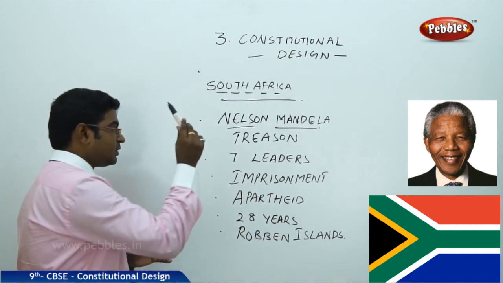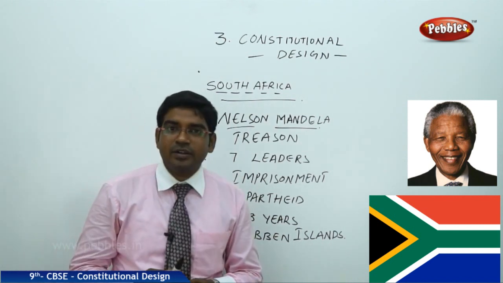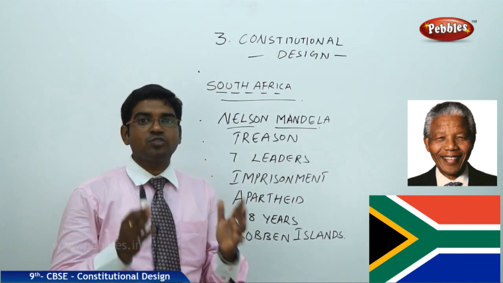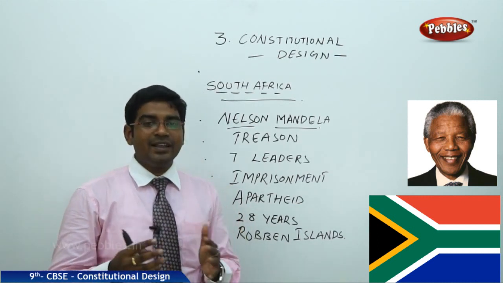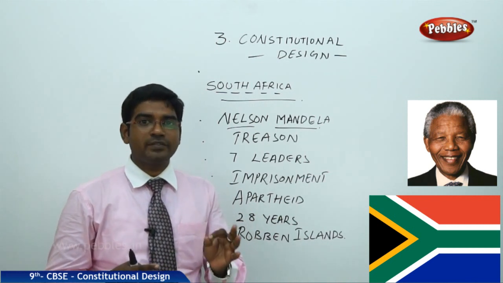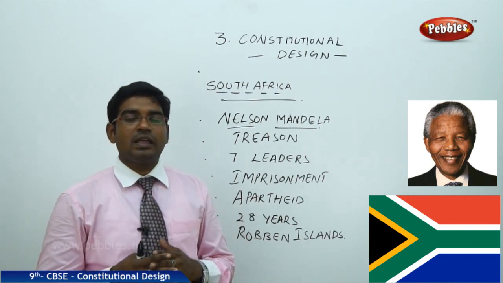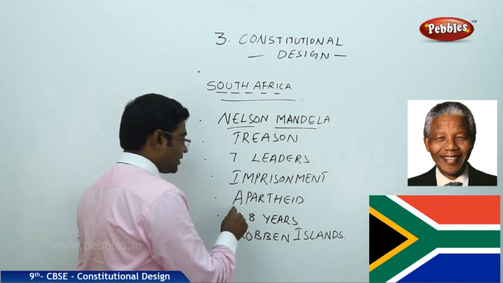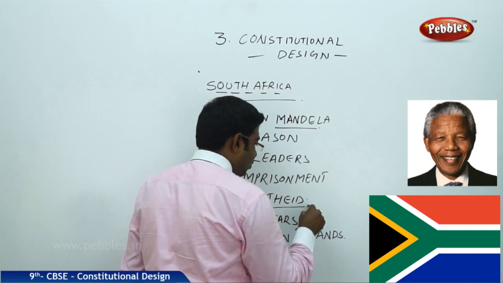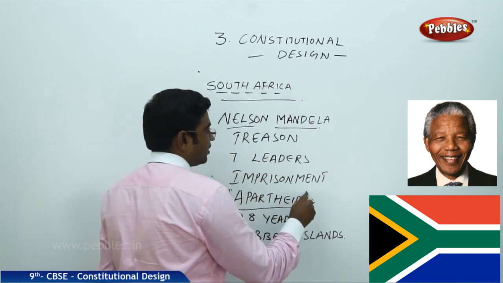See here, Nelson Mandela fought against the existing government of South Africa in 1964. Why did Nelson Mandela raise his voice against the government? The government started to follow the policy of apartheid. What is apartheid?